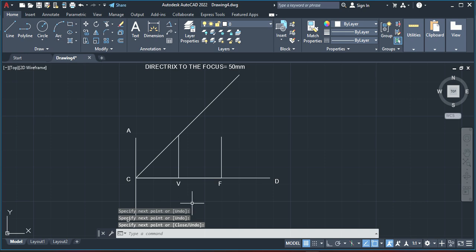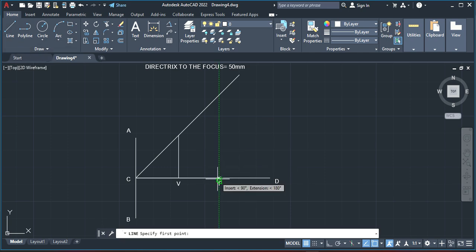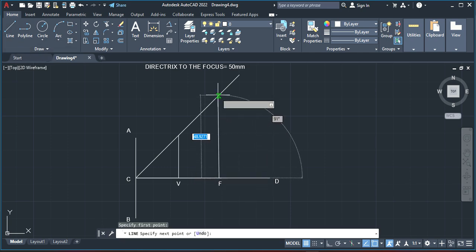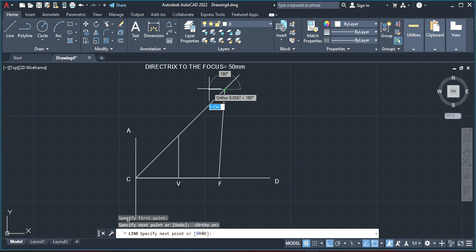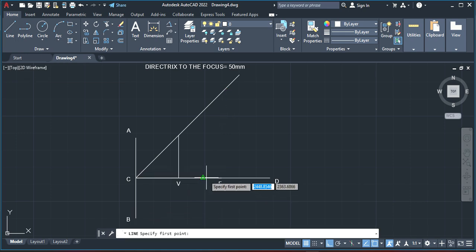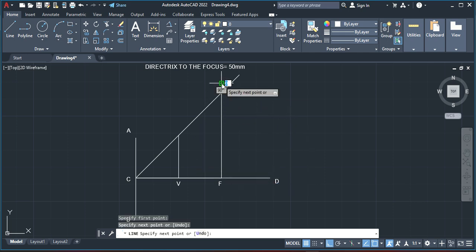Okay, so this focus also we have to extend to that inclined line. Now make ortho on. Enter. Okay, so this step is completed now.